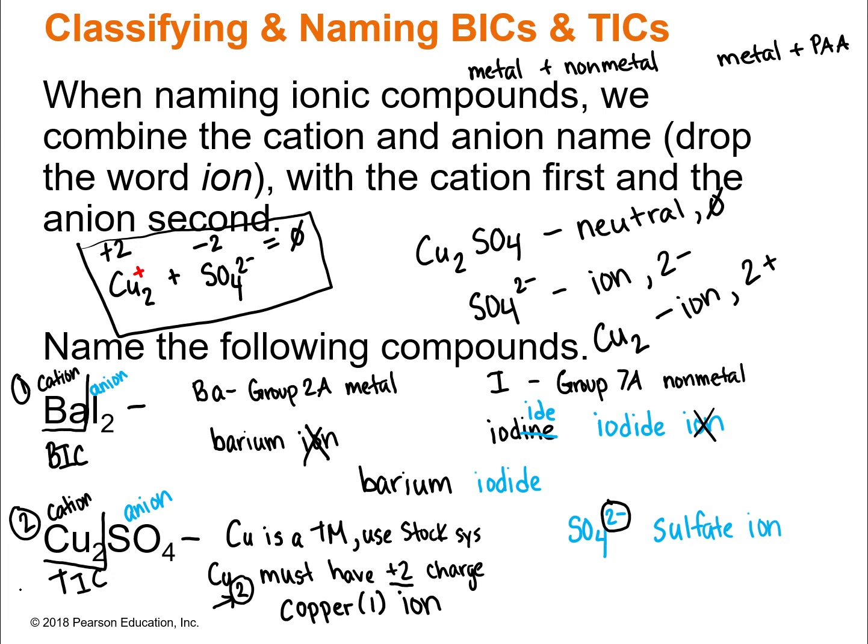If it still doesn't make sense, we've got to move on because there's a lot more to do. So we still need to put the name together for this. We've got our copper 1 ion, our sulfate ion. We're going to get rid of the word ion and put them together. So the full name is copper 1 sulfate.